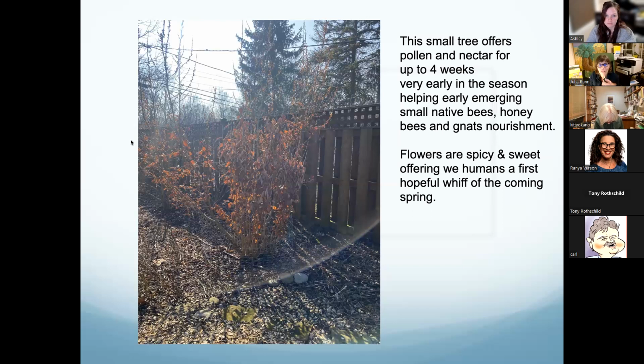In this particular yard, there's actually a mother wren, who comes in to raise her crew here, and it's lots of fun. And that's one of the foods they would be eating. The flowers are spicy and sweet, so they offer this wonderful smell and that wonderful feeling of hope for the spring.